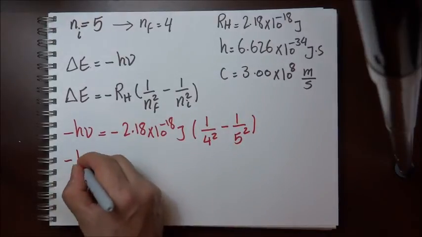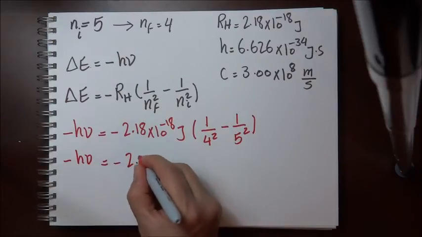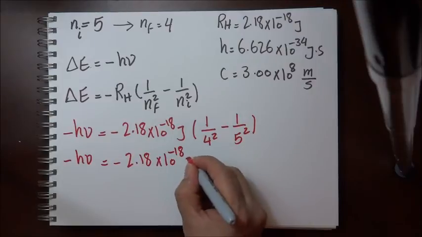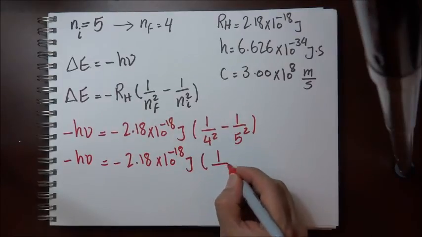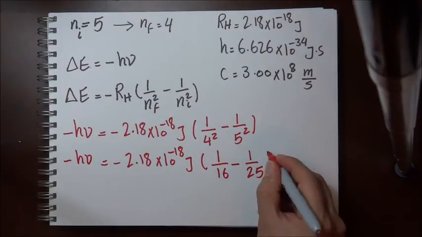So minus h nu equal to minus 2.18 multiplied 10 to the power of minus 18 joule, and this one will be 1 over 16 minus 1 over 25.